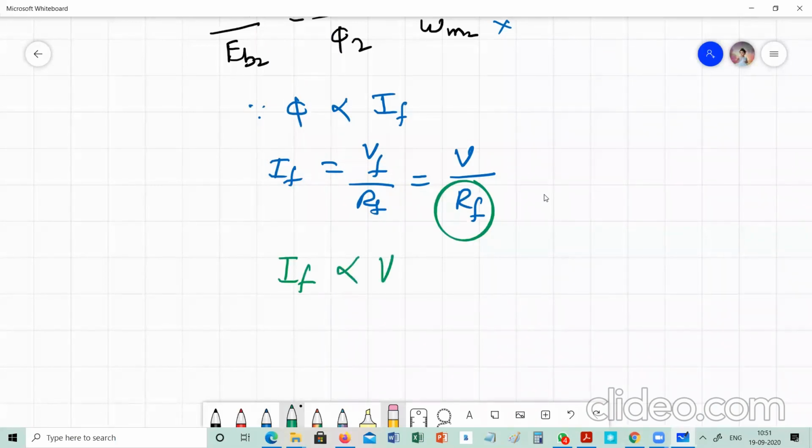जर RF कॉन्स्टंट असेल तर ऑब्वियसली IF डिपेंड्स ऑन V असणार आहे.